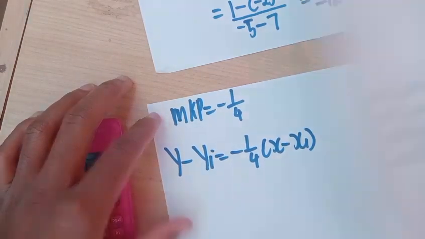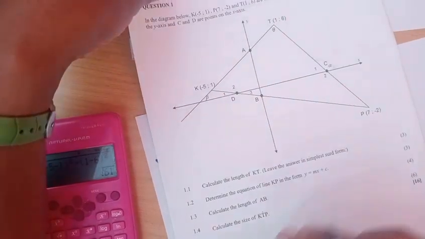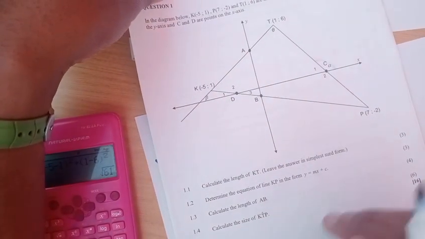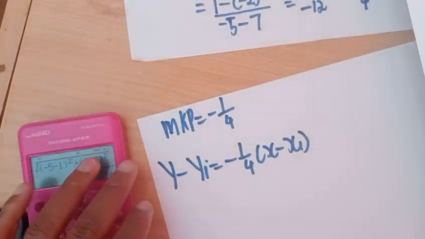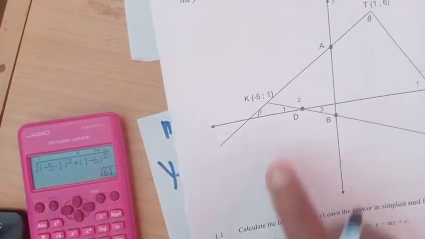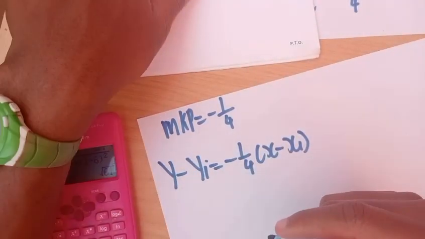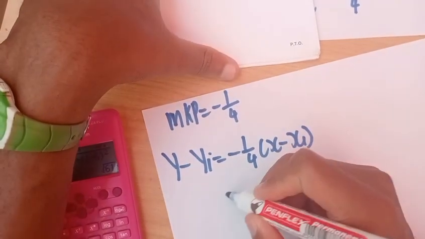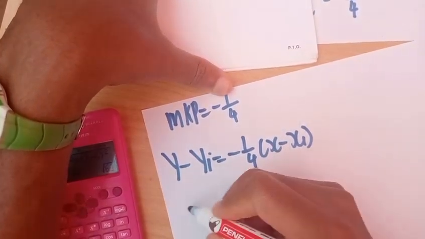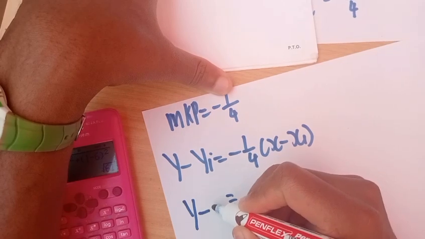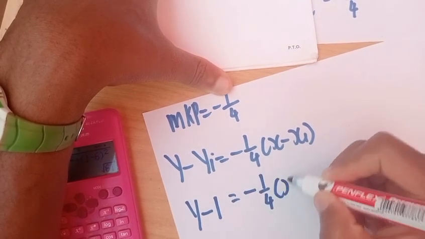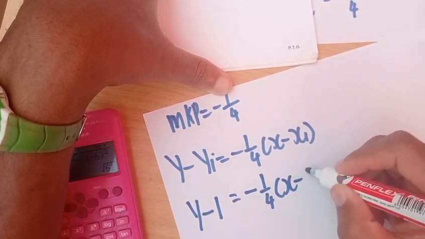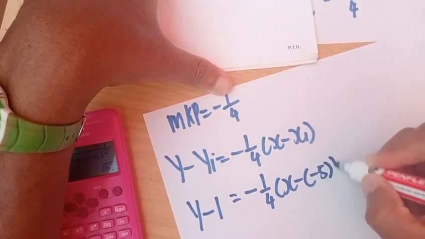I'm going to take any coordinate that is on line KP, so I'll take the coordinates of K. So y minus 1 equals negative 1 over 4 times (x minus minus 5).